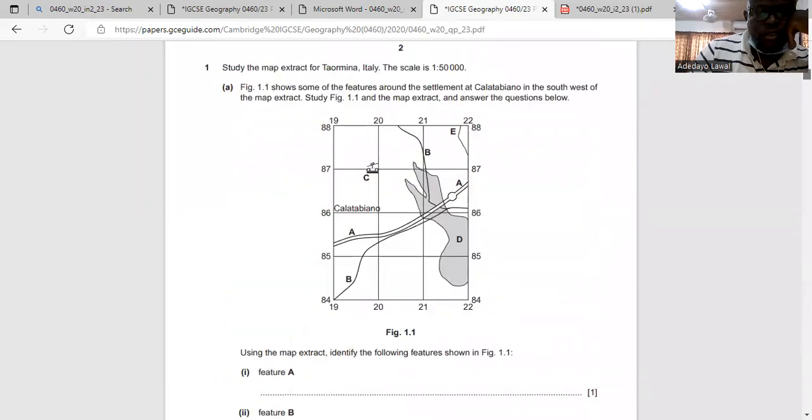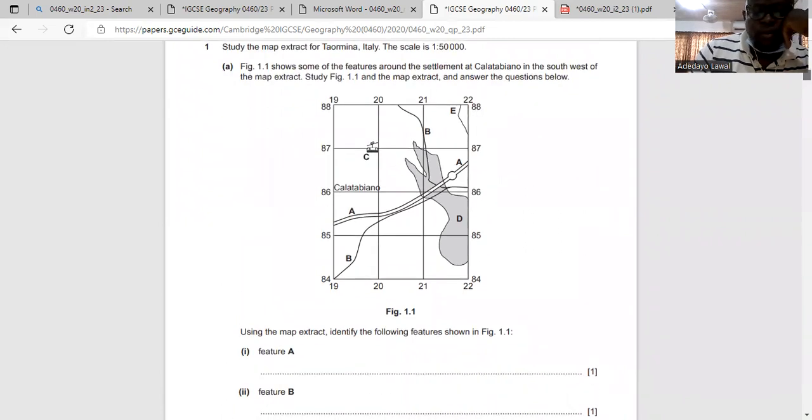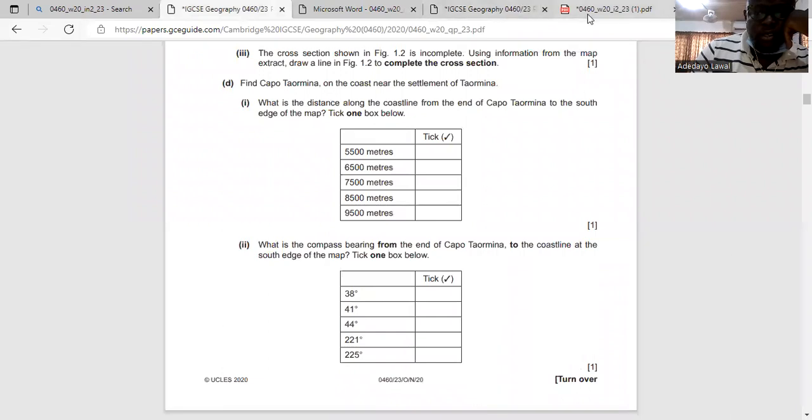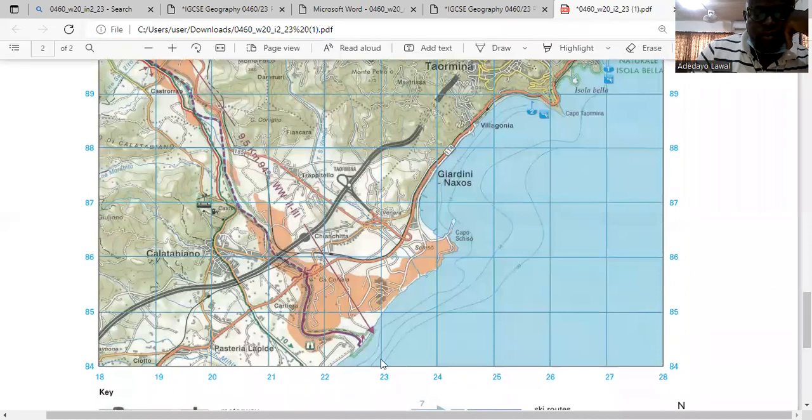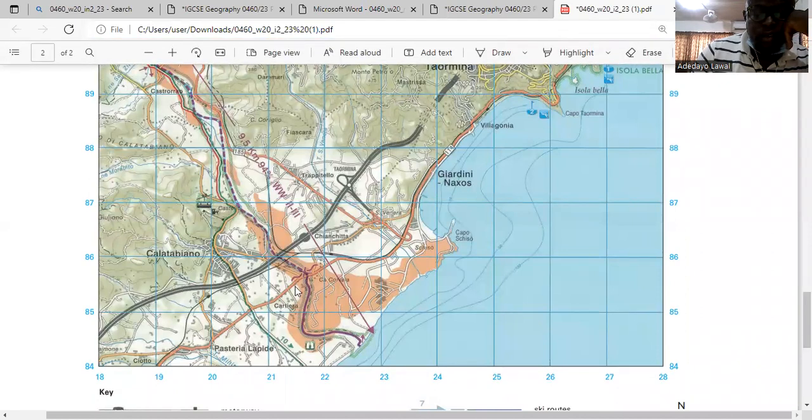Feature D is 21, 8, 85, 5. Somebody might be wondering where I am getting the numbers I'm calling. I believe you should know what 4-figure and 6-figure grid references are all about as a candidate of this exam, so I'm not going to teach that. So around here.